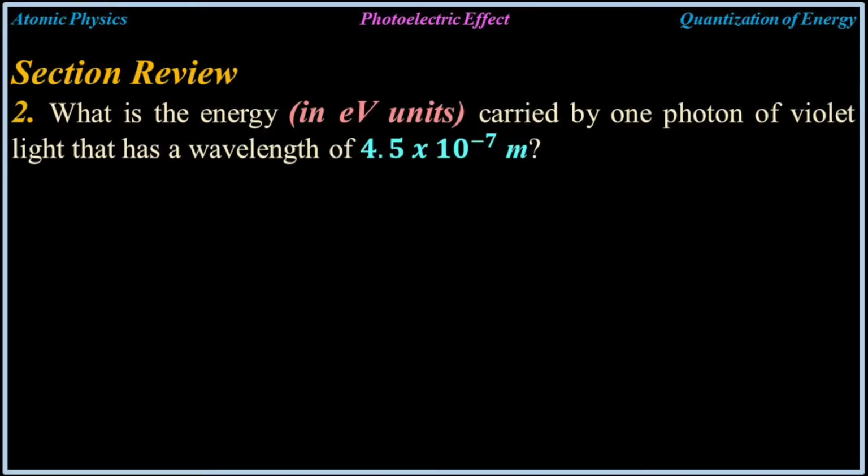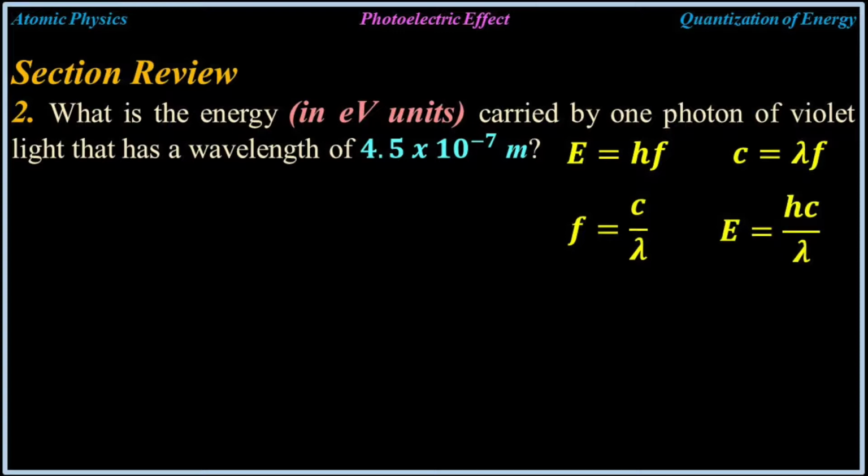What is the energy in electron volts carried by one photon of violet light that has a wavelength of 4.5 times 10 to the negative 7 meters? What is the energy? All right, that's the equation for the energy. C equals lambda F. F equals C over lambda. E equals HC over lambda.